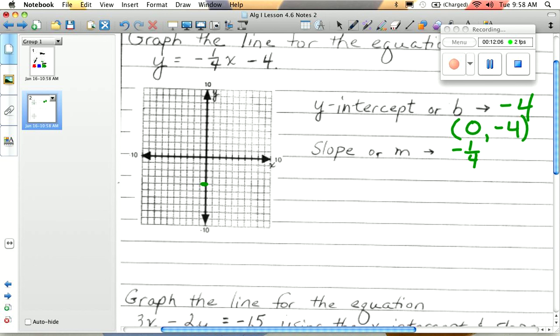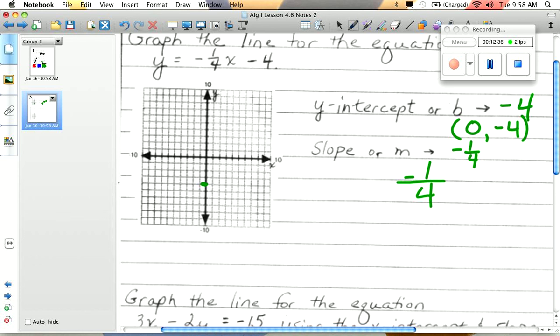We can go down 1, so we make the 1 negative. If we make the 1 negative, are we going to go left 4 or right 4? If it's a -1/4, we've used the negative going down, could we go negative again? What's a negative over a negative, class? Positive. We want this slope to stay negative. We can't go in the negative direction again, so we have to treat the run as a positive.